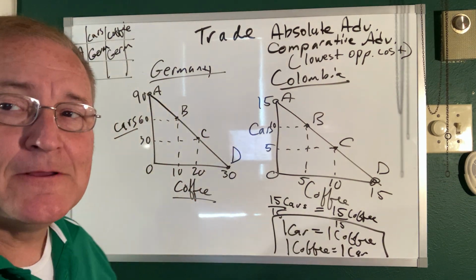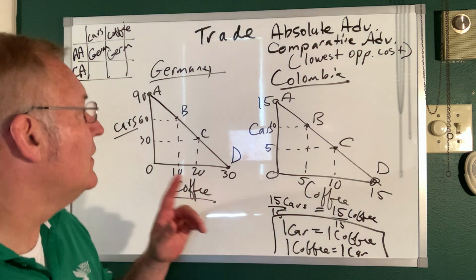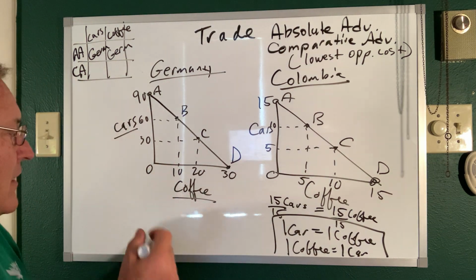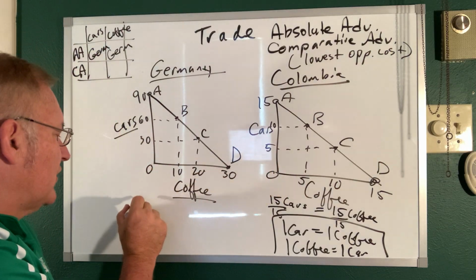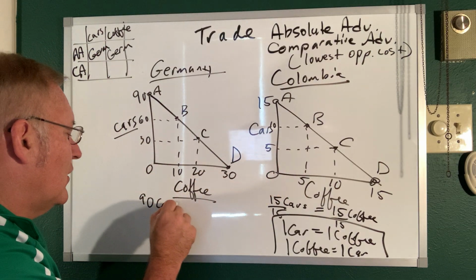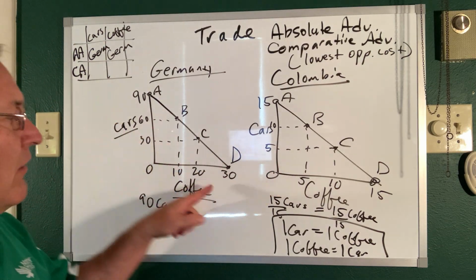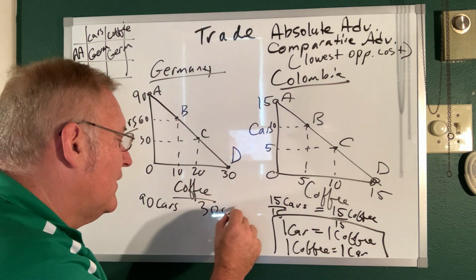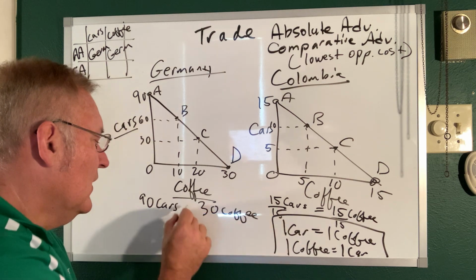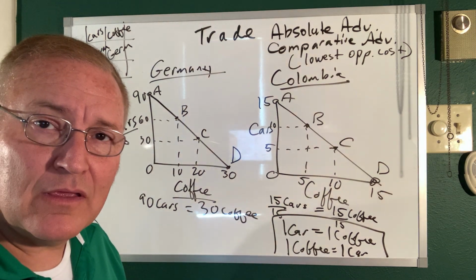Make sense? Now, let's look at Germany. For Germany, if they take all of the resources and produce cars, they're going to produce 90 cars. If they take all of those resources and produce coffee, they're going to produce 30 coffee. So those become equal.